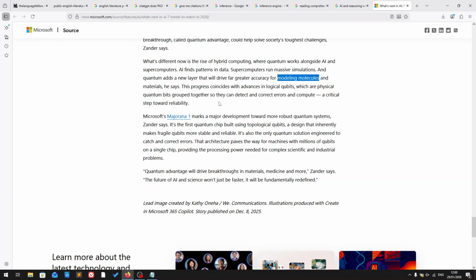He says, what's topological qubits? I don't know what that is.